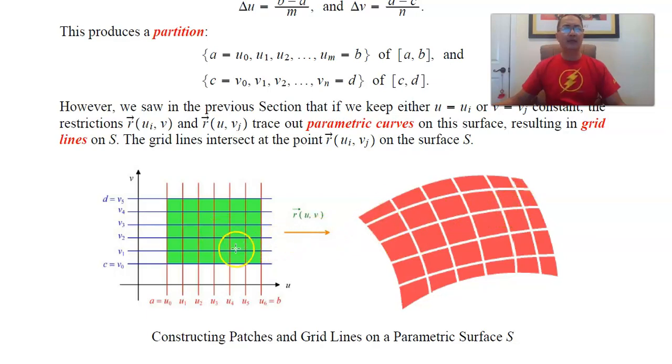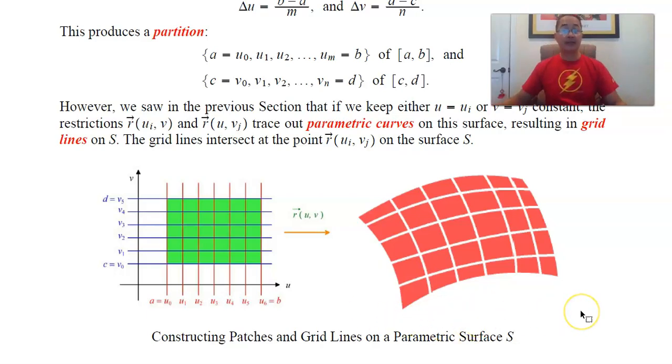And what did we see back in the last section? If you hold one of the parameters constant, you get a grid line on your surface. For a sphere, you have longitudinal lines, and you also have latitudinal lines: constant theta, and constant phi.